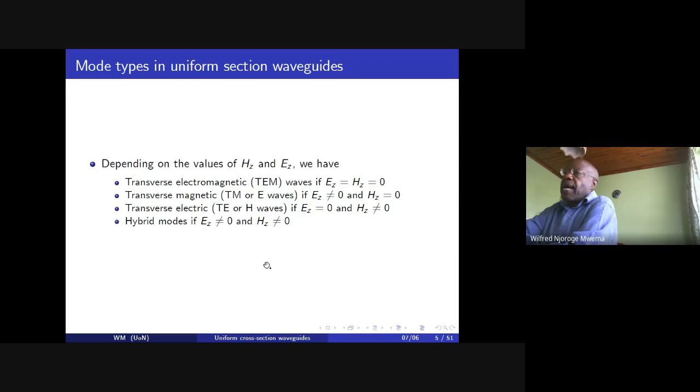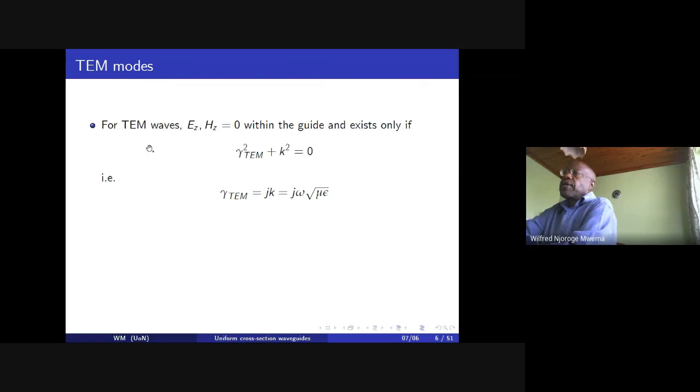Then there are the hybrid modes, where the solution requires both TM and TE by superposition to be present in that line. So for TEM waves, with Hz equal to 0 and Ez equal to 0 within the guide, they will exist only if the propagation constant gamma of TEM waves squared plus k squared equals 0.